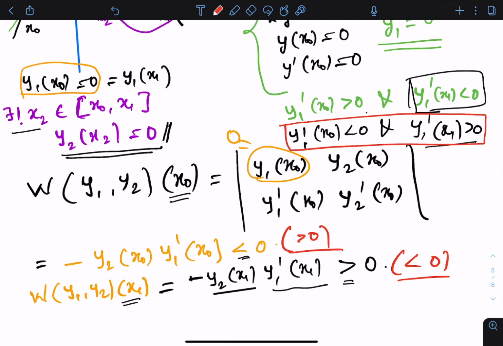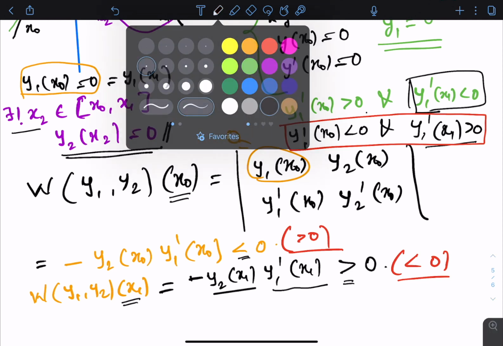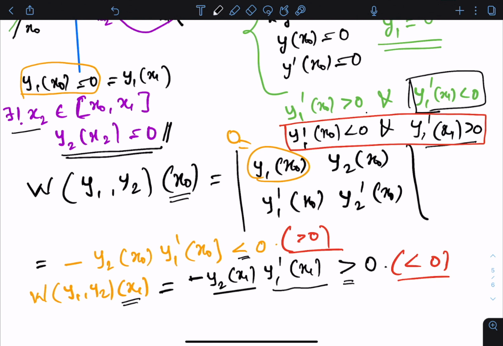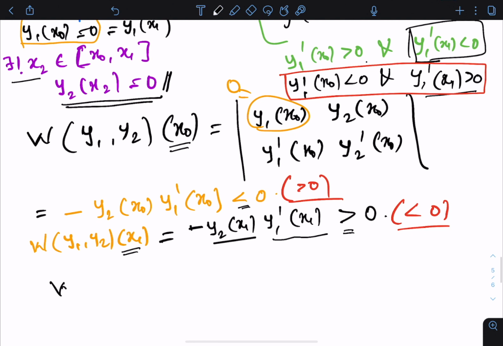But in both cases, whatever situation you take, what you know is that the Wronskian changes sign at x0 and x1, which means that the Wronskian has to be 0 at some in-between point.